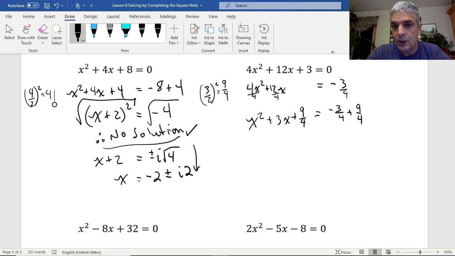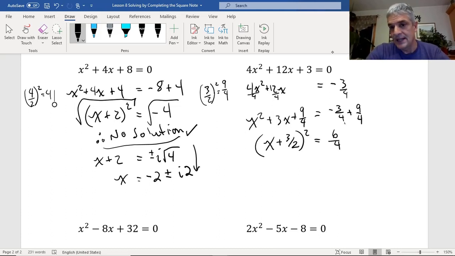This will factor to be the square of x plus, it's always the 3 over 2 squared equals, and now this is going to be 9 take away 3, which would be 6 over 4. That's just adding and subtracting a fraction there, and that is using those rules. We have a common denominator already, so we don't have to worry about it. We just take the -3 plus 9, which is actually 6.